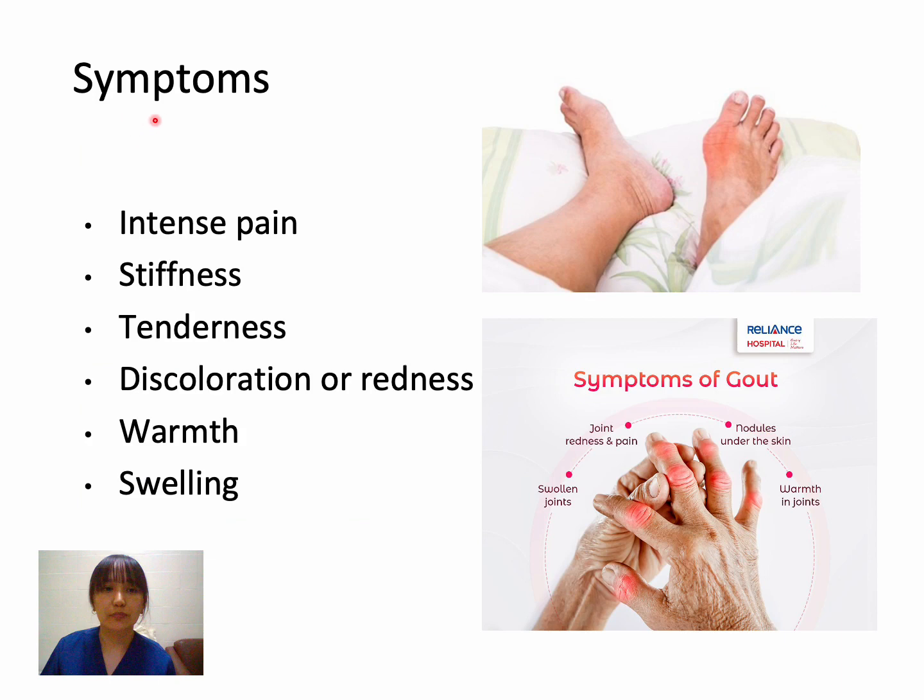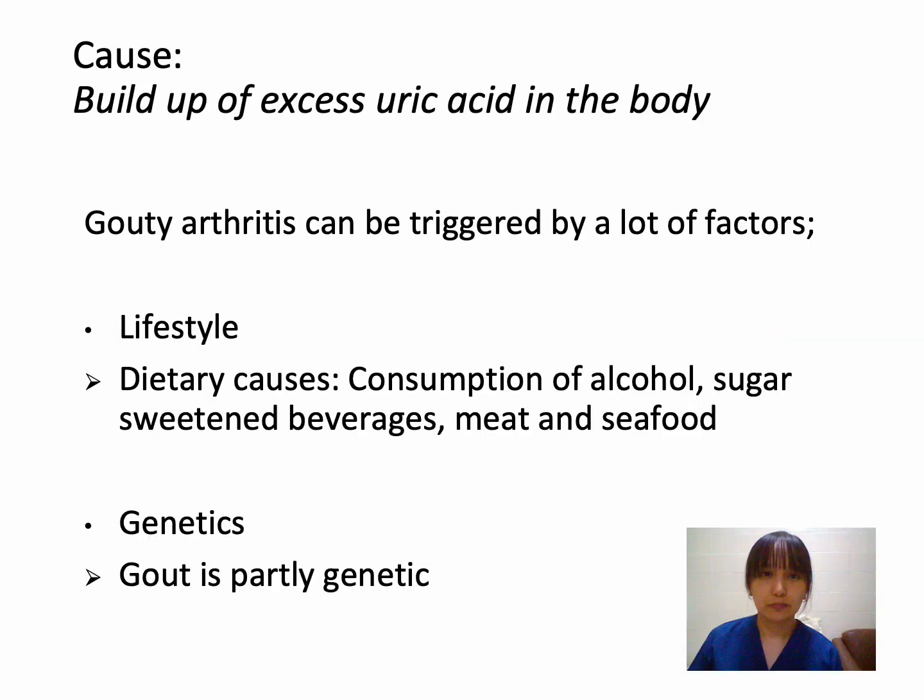The symptoms of gout include intense pain, stiffness, tenderness, discoloration or redness, warmth, and swelling due to the body's inflammatory response to urate crystals. The cause of gout is the buildup of excessive uric acid in the body.